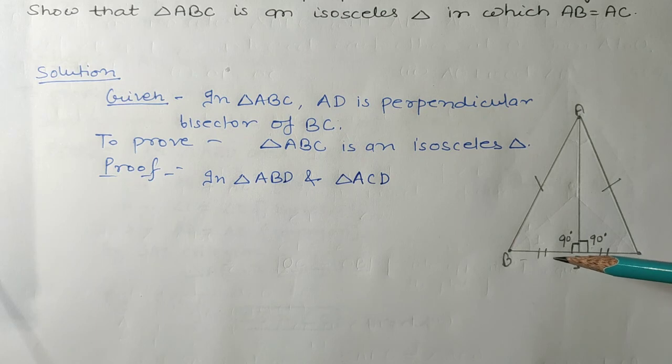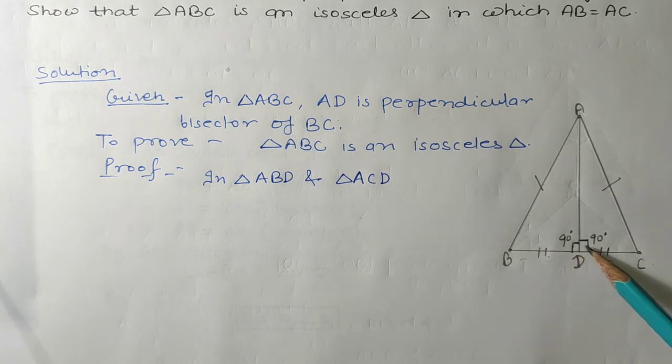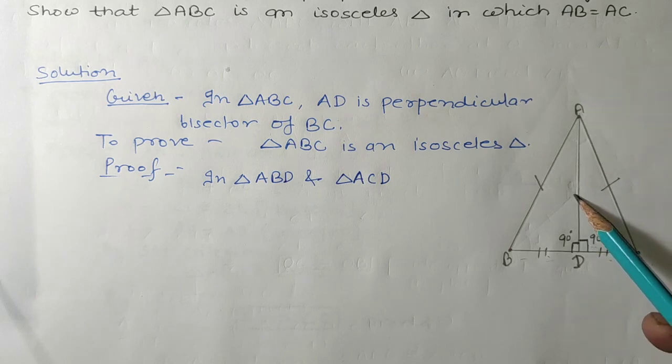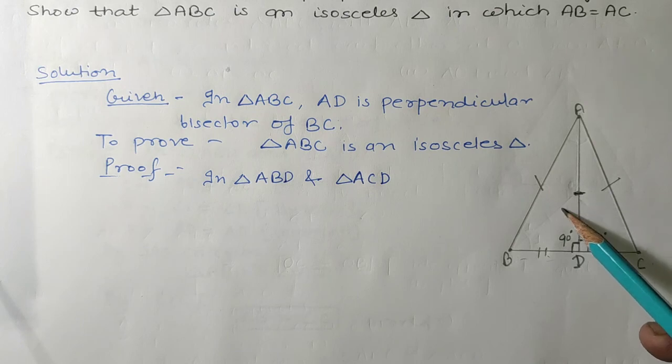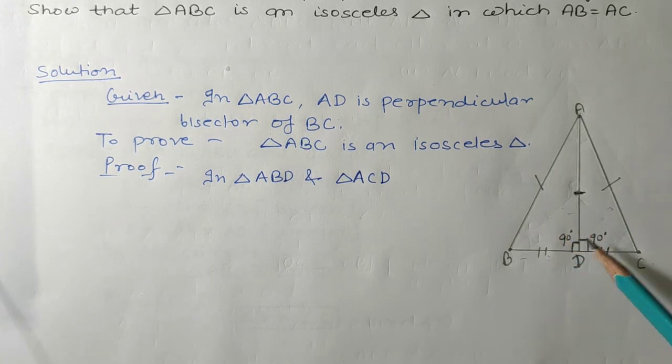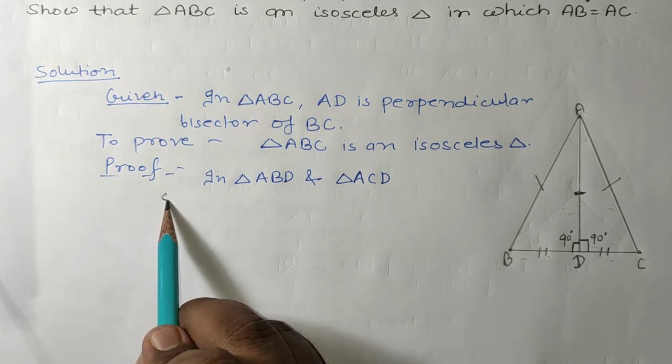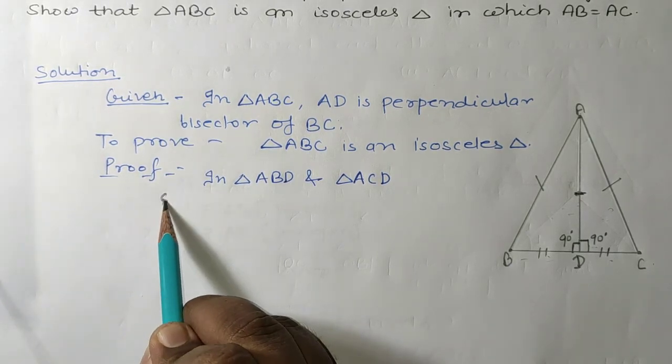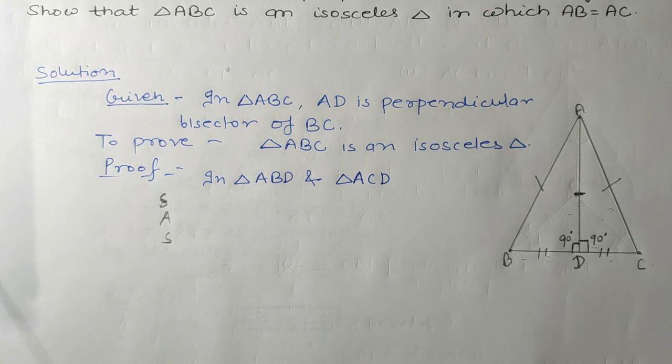So see what we are having, one side as equal we are having, one pair of angle as equal we are having, and now one pair of common side, means one side as common for both of the triangles we are having. Okay, so we are going to prove that these two triangles are congruent by the criteria side angle side. Okay, side angle side.